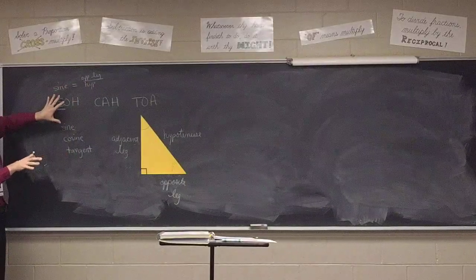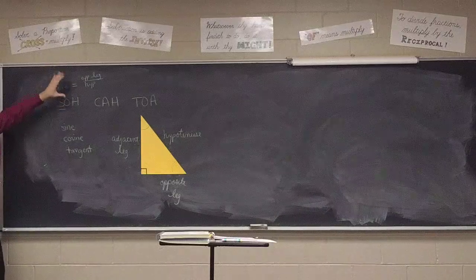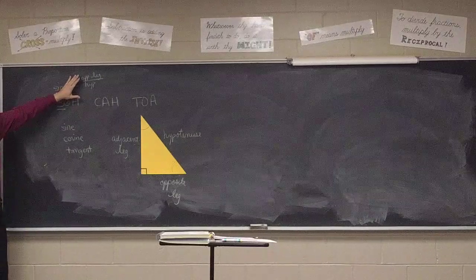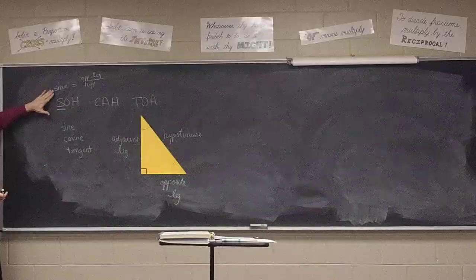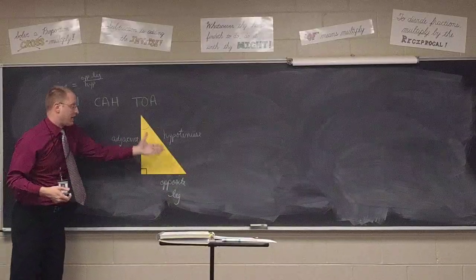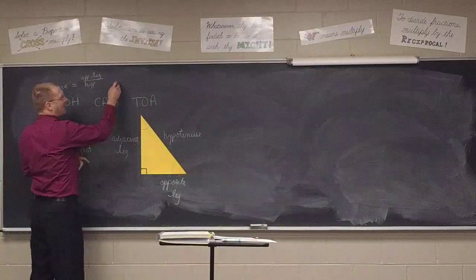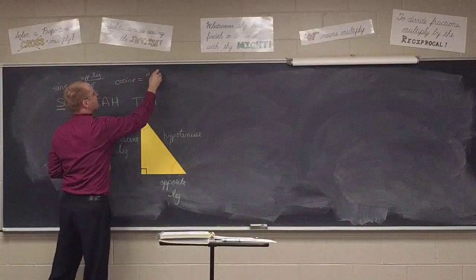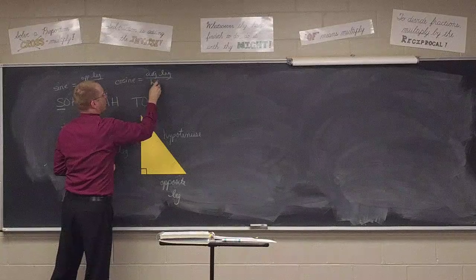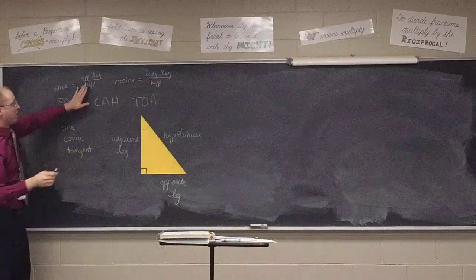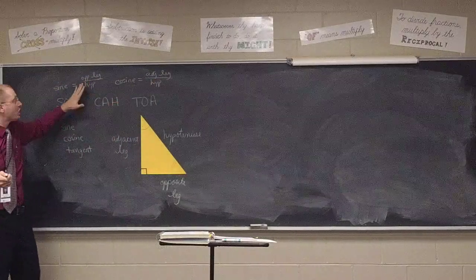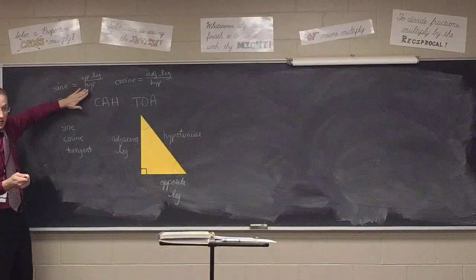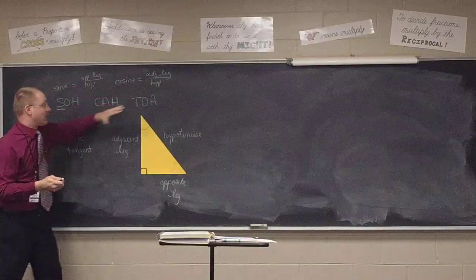Regardless of what those lengths may be, you make a ratio or a comparison of those 2 lengths, that gives you what we call the sine of that particular acute angle. The cah stands for this, that cosine is equal to the length of the adjacent leg over the hypotenuse. You notice they're very similar, leg over hypotenuse, but for the sine it's the opposite leg. And for the cosine, it's the adjacent leg.